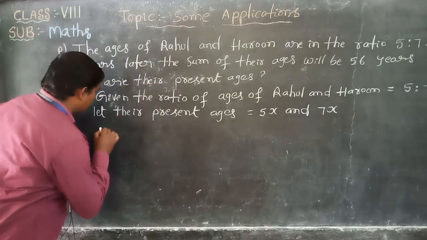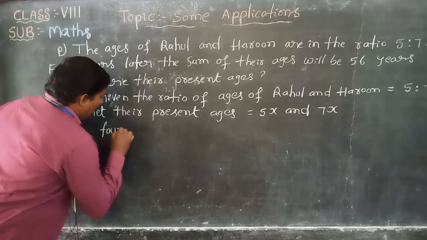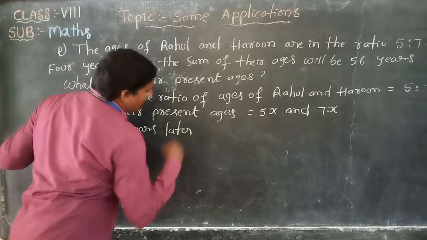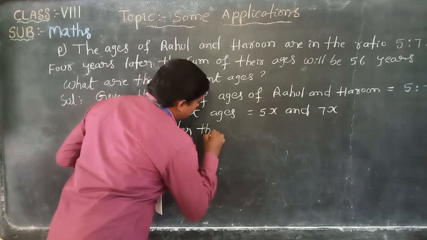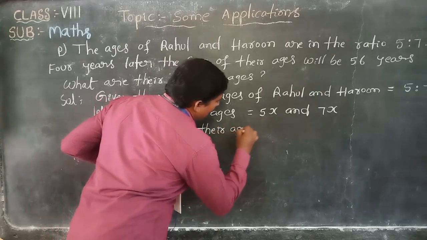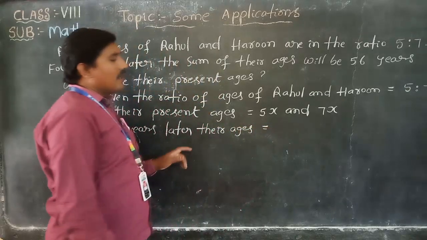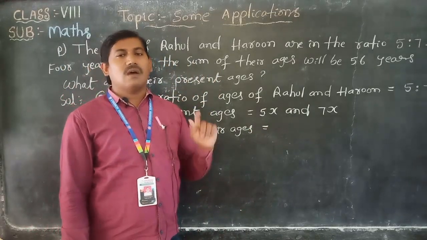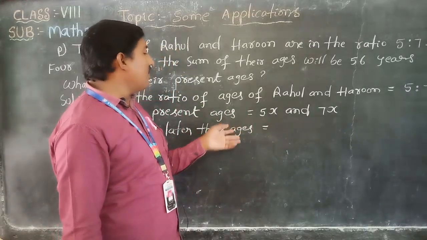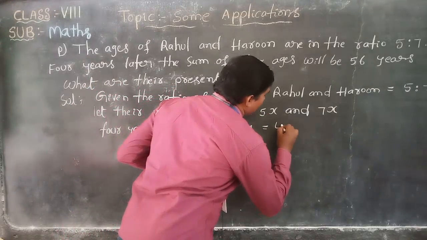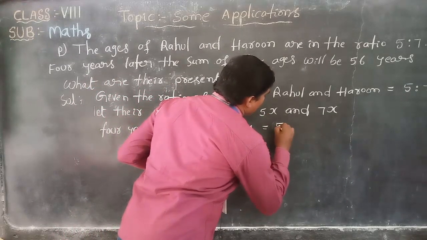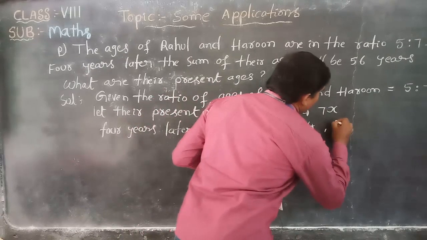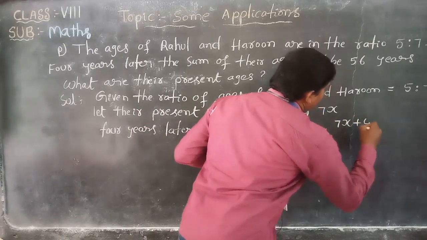4 years later, their ages. Later means after. See, after 4 years, Rahul will be 5x plus 4, comma, Arun will be 7x plus 4.